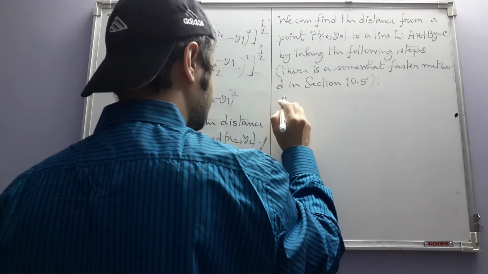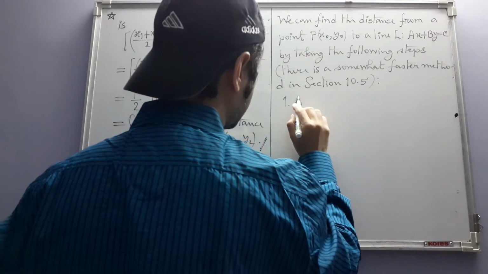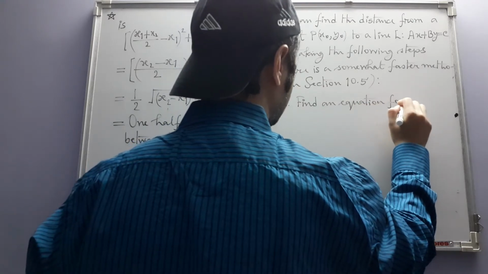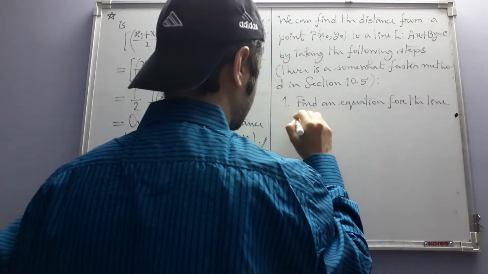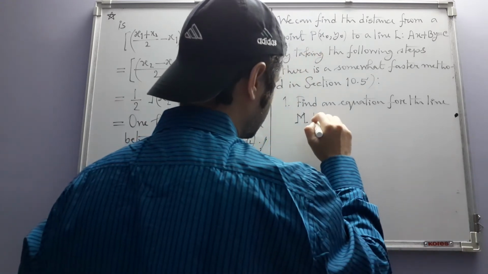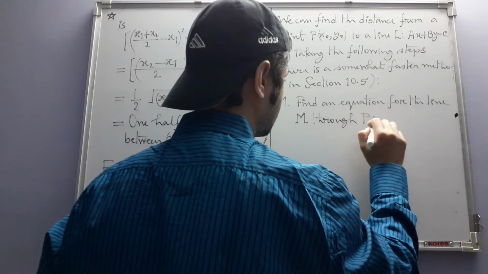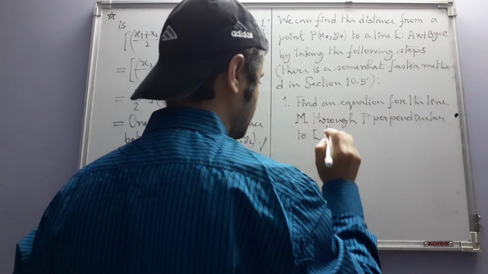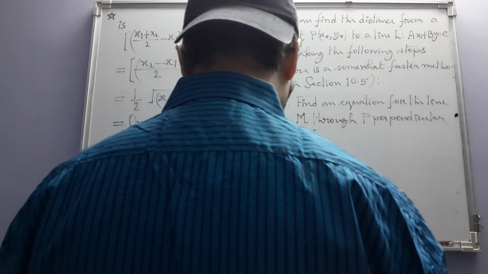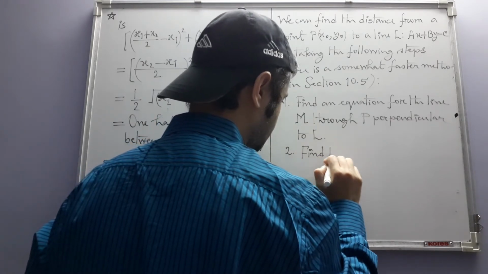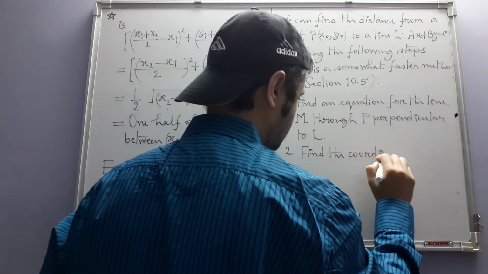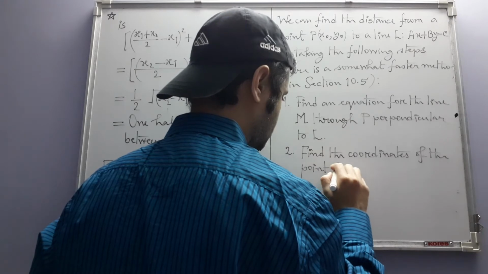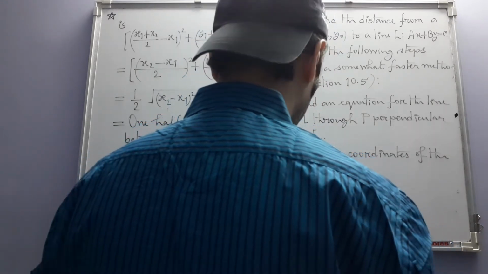So the first step is this: find an equation for the line M through P perpendicular to L. Second step, find the coordinates of the point Q in which M and L intersect.